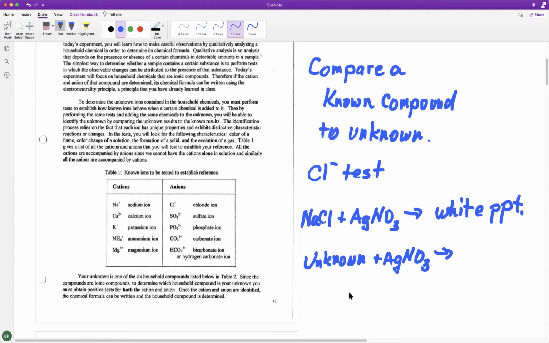So let's say it's got something else, and in our unknown solution, we get no reaction. Then we can say the unknown does not contain chloride.